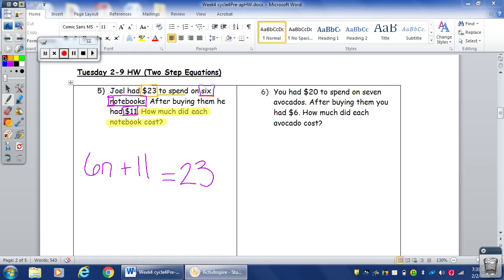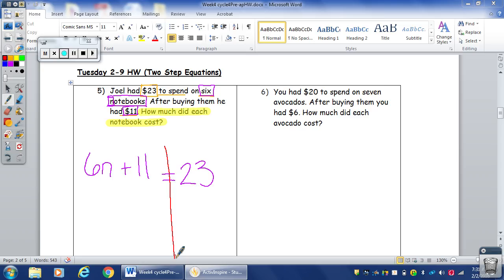Alright, so you know me, I like to draw a line down my equal sign to separate this side from this side. Remember, this side has to equal 23, just like this side. Okay, so now we need to work order of operations backwards. Remember, when we're solving for a variable, we need to make sure that we're taking everything and doing the inverse.